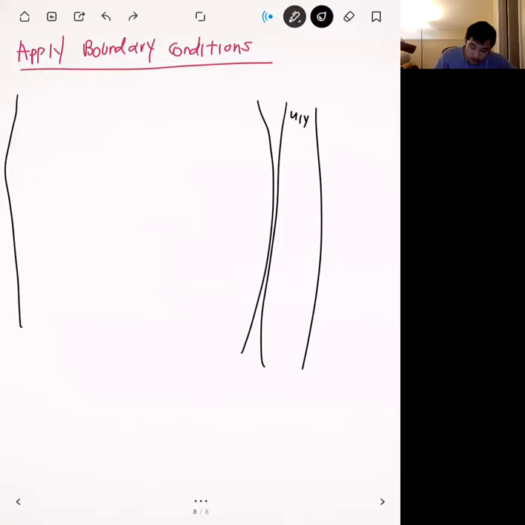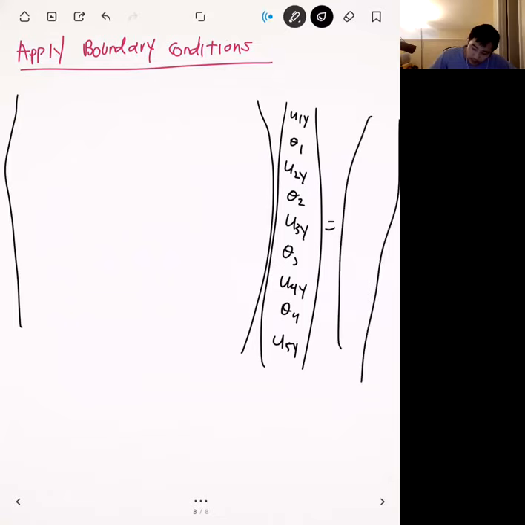Oops. So we have U1y, theta 1, U2y, theta 2, U3y, theta 3, U4y, theta 4, and U5y. And since we're doing boundary conditions, we're going to need our forcing vector, and so make sure you include that. Okay. And then to apply the boundary conditions, I just want you to apply those. You can leave basically everything else blank.